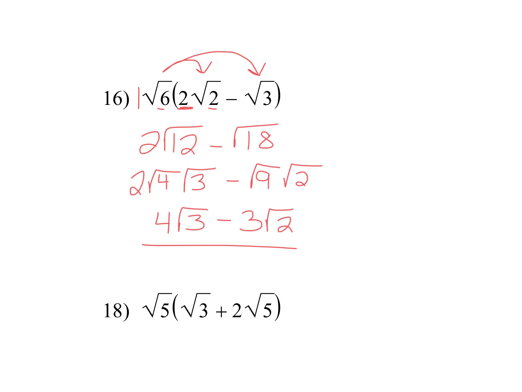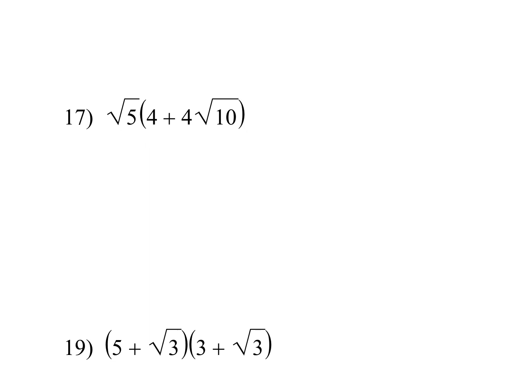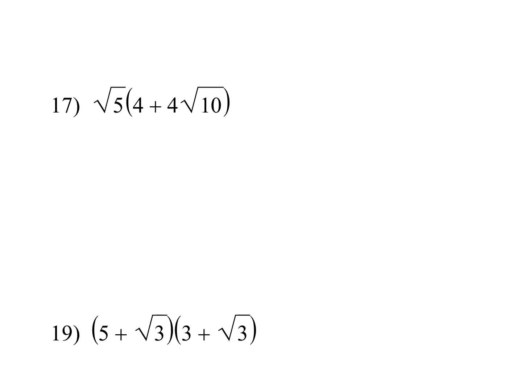Ta-da. Let's walk through 18 together. Actually, 17 is a better example. Okay, we're distributing. I'm taking the square root of 5 times 4. Can I combine those into square root of 20? Why not? Because they're not both radicals.